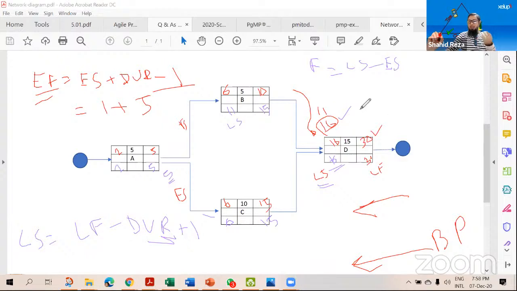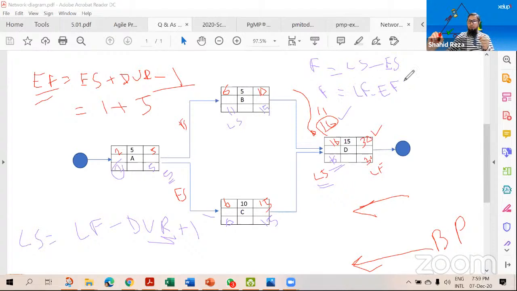There is actually a variation of this formula: float equal to late finish minus early finish. Same formula, and you will get the same value, but two variations. So float we can find out by subtracting late start minus early start, or late finish minus early finish.